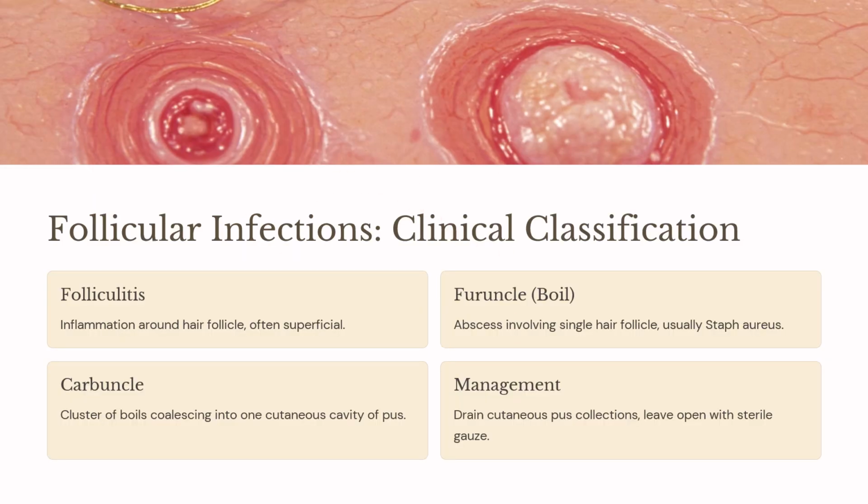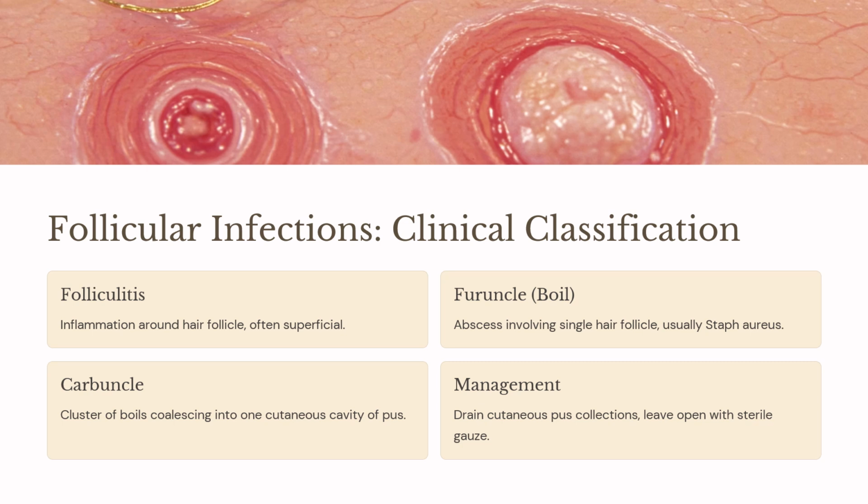What about the follicular infections? Follicular infections, there are many various terminologies which we should know. The first one is folliculitis, the second one is furuncle, the third one is carbuncle, and how to manage all these. Folliculitis is nothing but inflammation of just one hair follicle, around the hair follicle. So that is known as folliculitis.